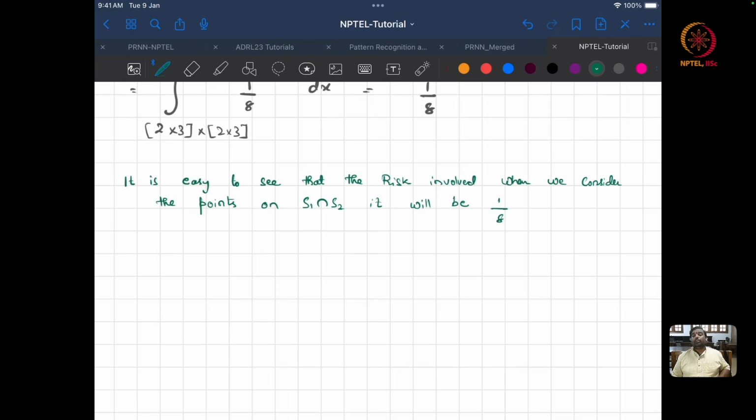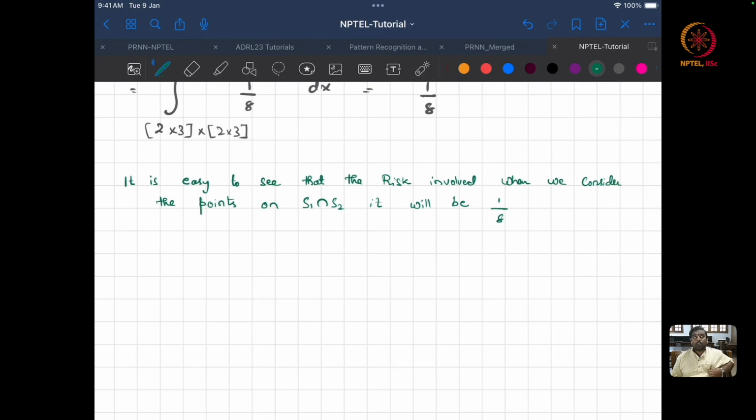Now how do you compute it? Risk is nothing but the expected loss that is incurred. I presume that you will be able to compute it. Now you have the Bayes risk, which is the same as the risk obtained in this particular case.